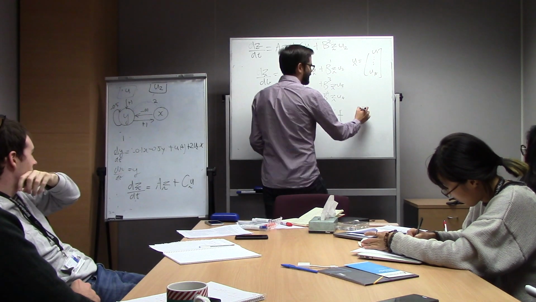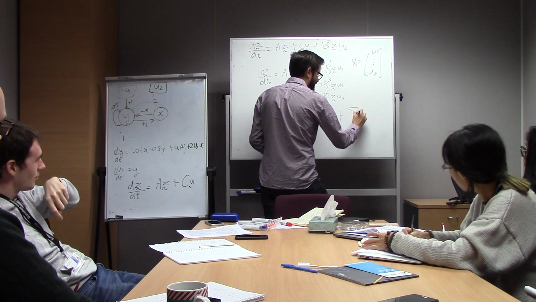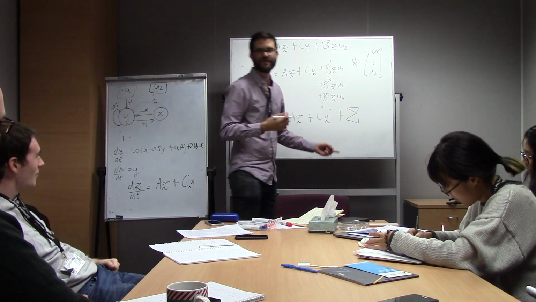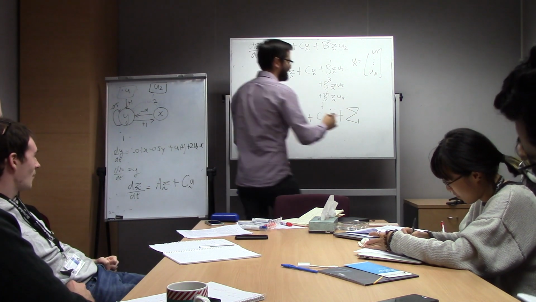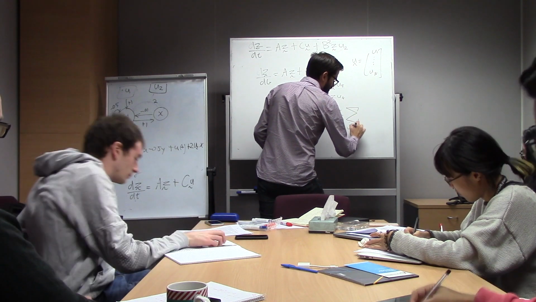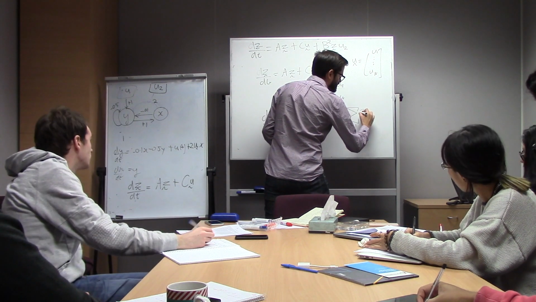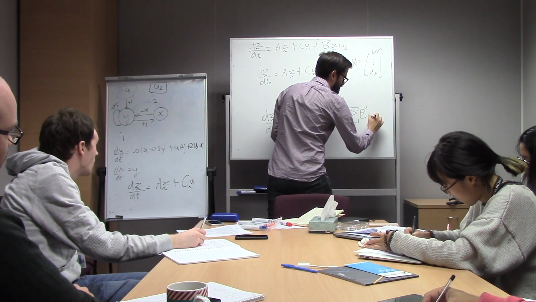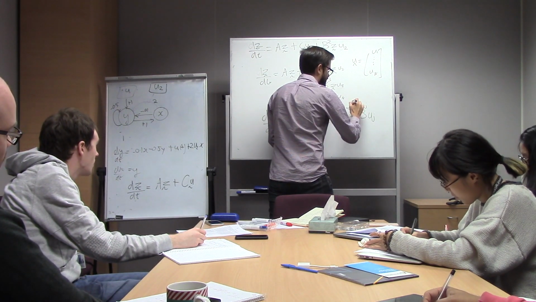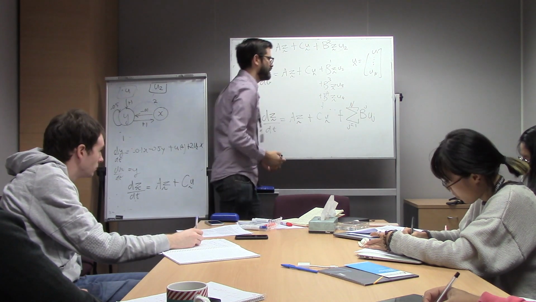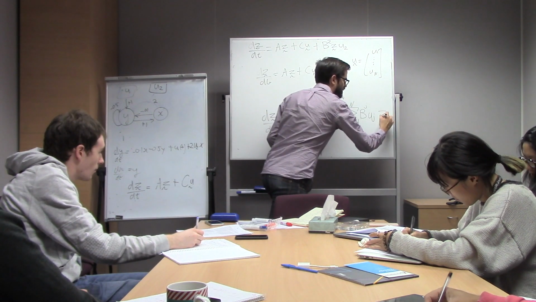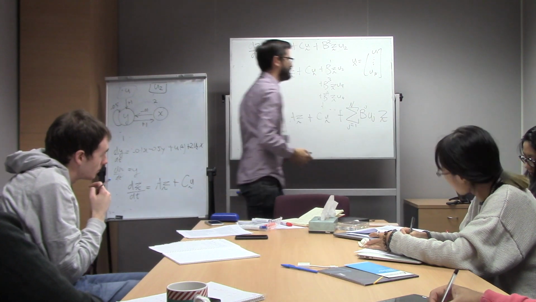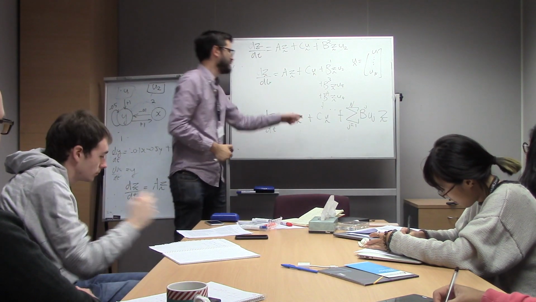I love this symbol, I must say. Capital sigma, everyone's seen this before? Yeah? j equals 1 to n, B of j times u of j, and at the end we have z. It's normally written this way.